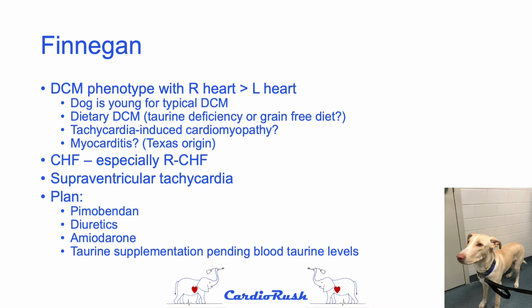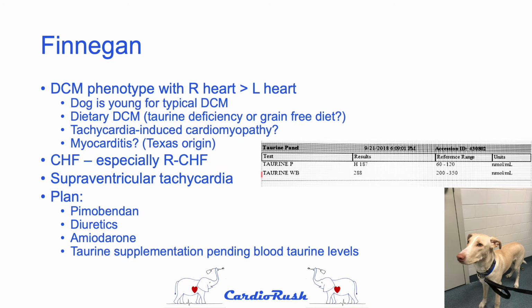And a taurine level was submitted, and that came back as normal. The other possibility is tachycardia-induced cardiomyopathy, and that begs the question, was the supraventricular tachycardia a cause for the current cardiac disease, or was it a sequela of atrial enlargement?